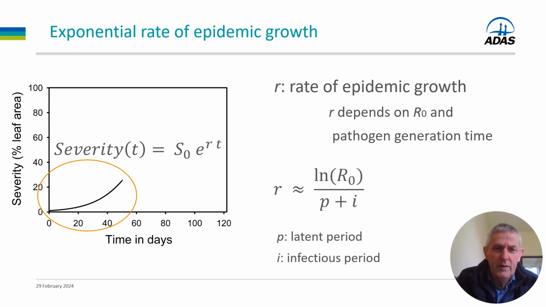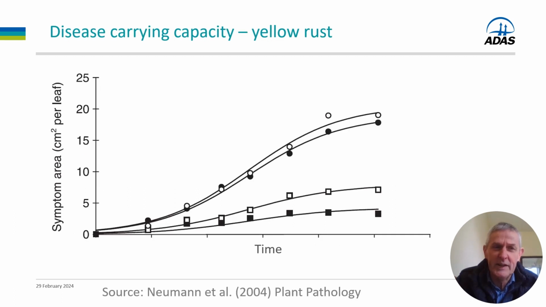And then the third option we've got is to try and reduce the carrying capacity. And again, this doesn't just work in theory, this has application in practice. These are data from a series of experiments where we limited the nitrogen fertilization of a crop of winter wheat and then allowed an untreated yellow rust epidemic to develop on that crop.